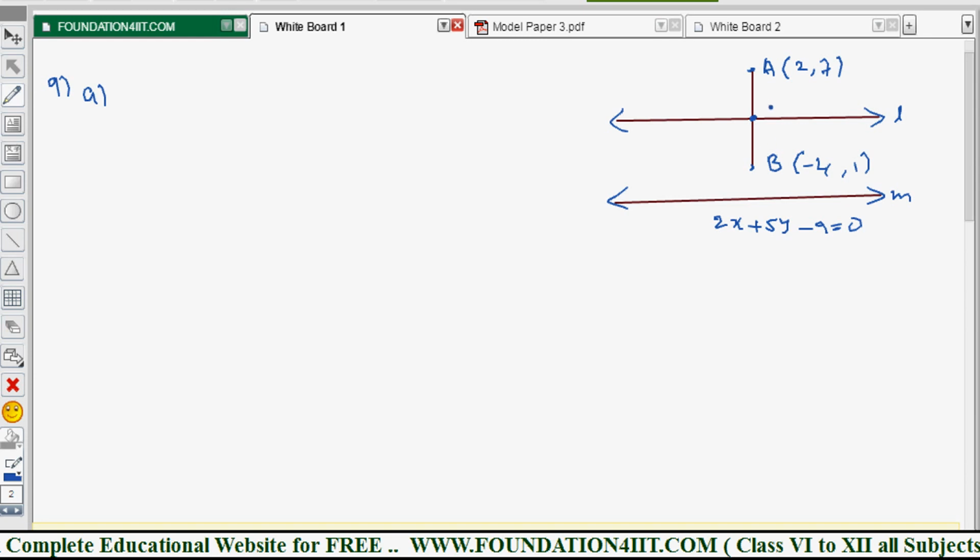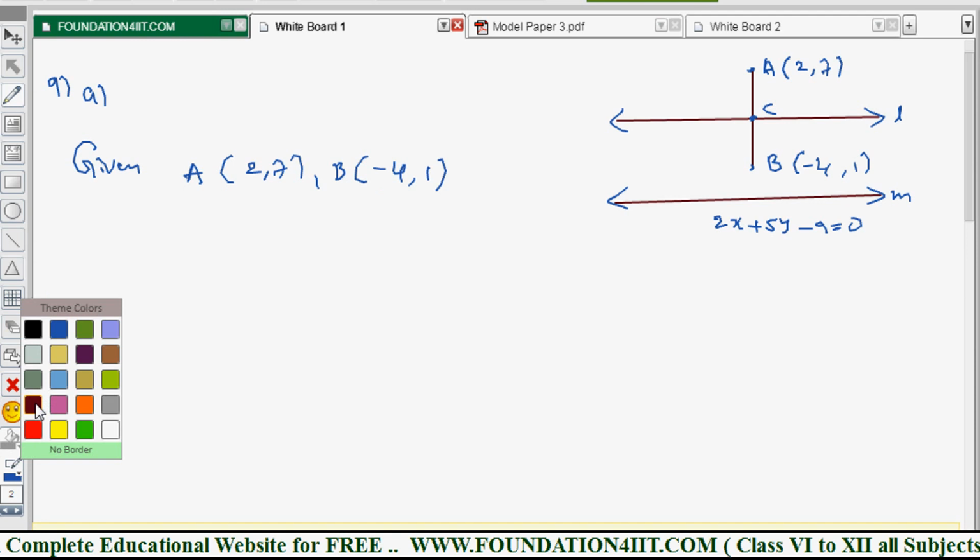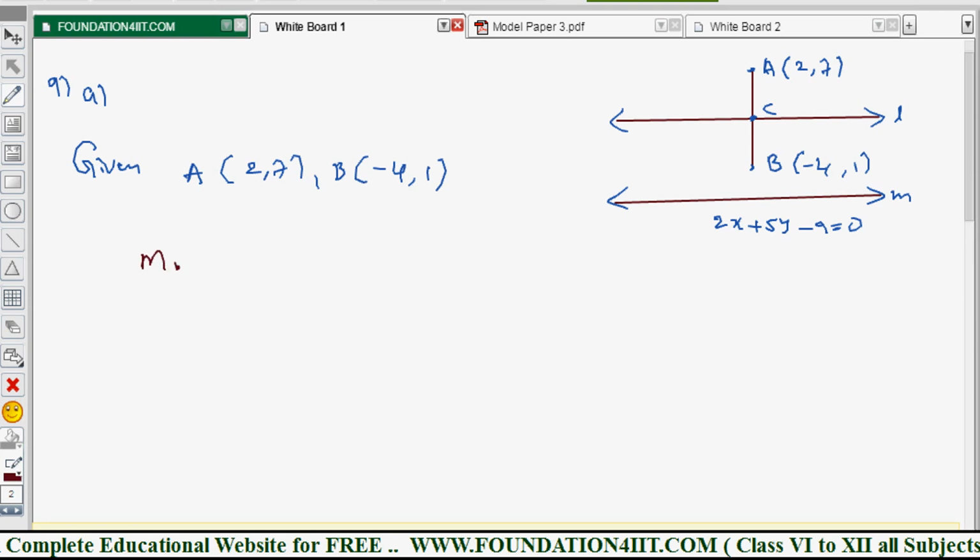So the midpoint of AB, if we take it as C, from the given, A is (2, 7) and B is (-4, 1), right? And take the midpoint formula. The midpoint formula is ((x1 + x2)/2, (y1 + y2)/2).